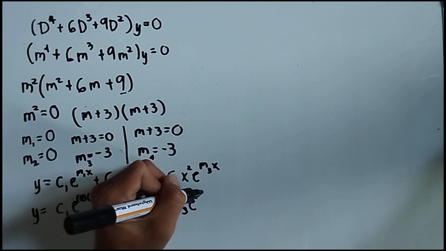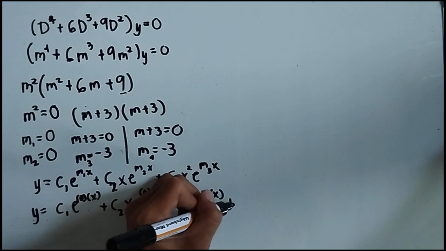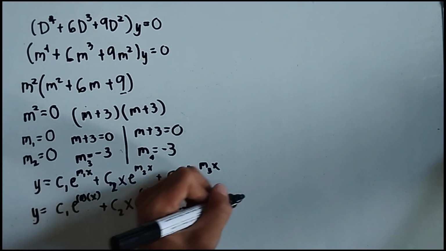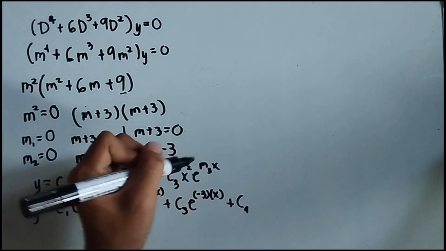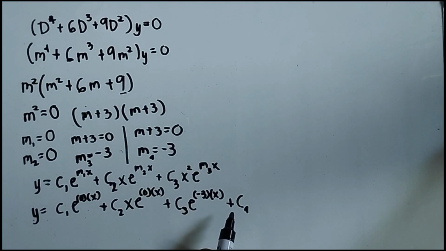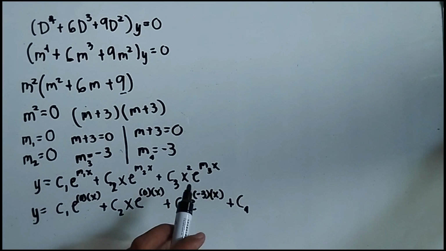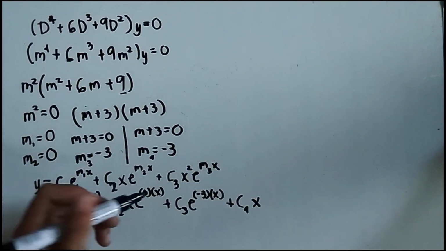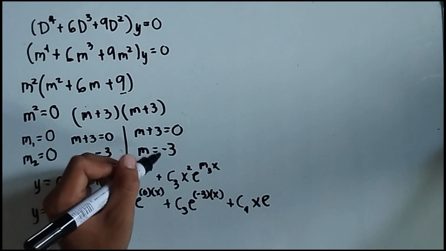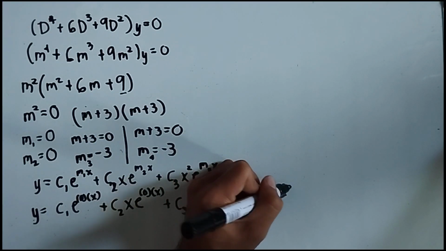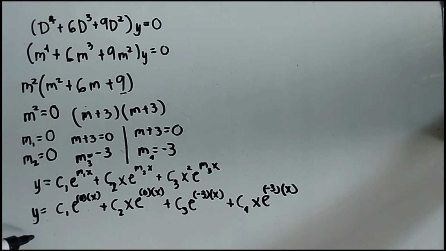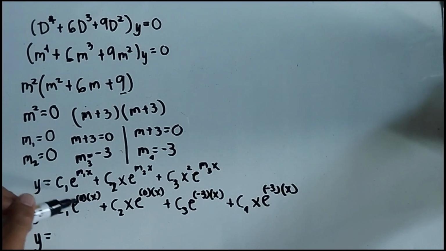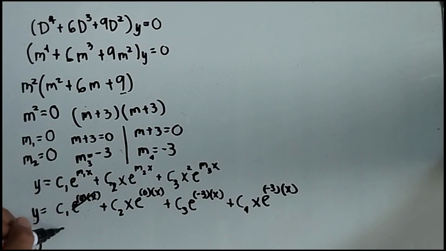Then plus, we have m sub 4, so this would be c sub 4. Since it is next to the negative 3, which is the same value as m sub 4, we're gonna add x here, and then e to the power of negative 3 times x. So now we have the final answer, which is y is equal to, since this is 0, we cancel that and we are left with 1. So this would be c sub 1.